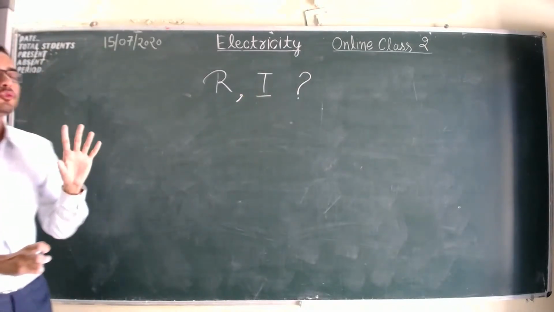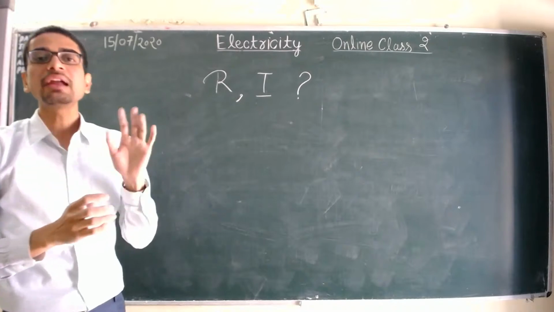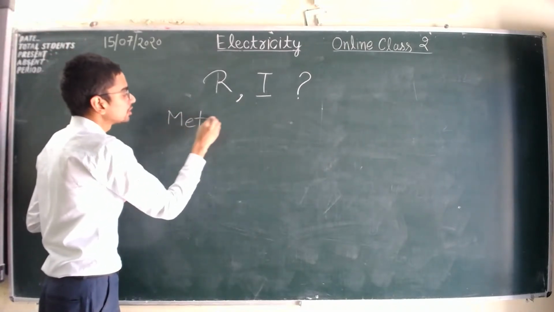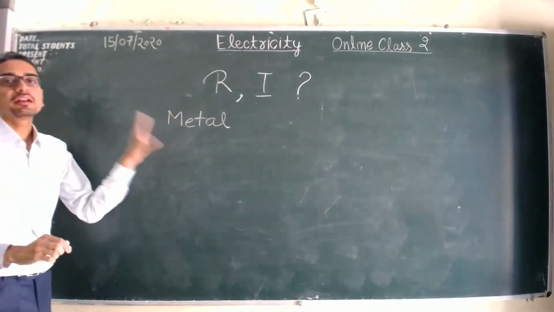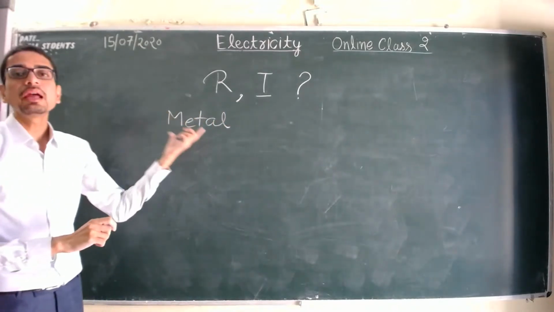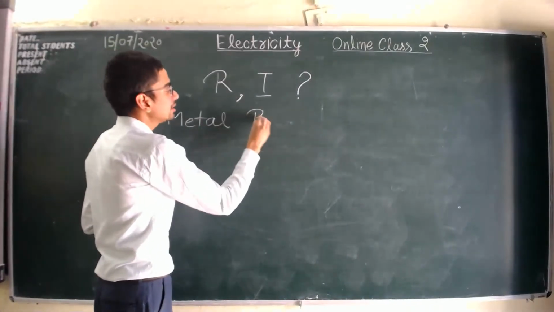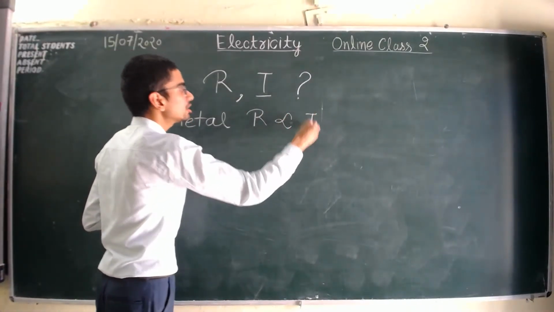Conductors are generally made of two kinds of elements, metal या non metal. ठीक है, if the conductor is made up of metal, अगर कंडक्टर मेटल का बना हो, in case of metals, resistance is directly proportional to temperature.